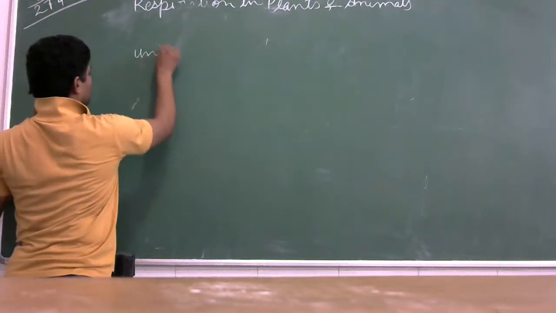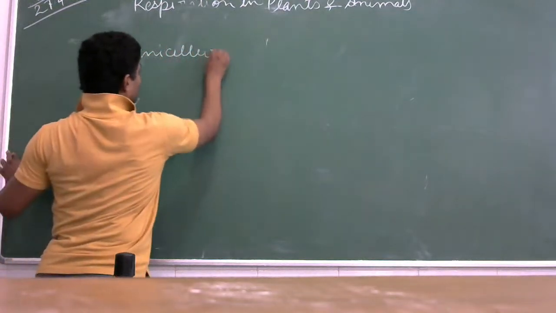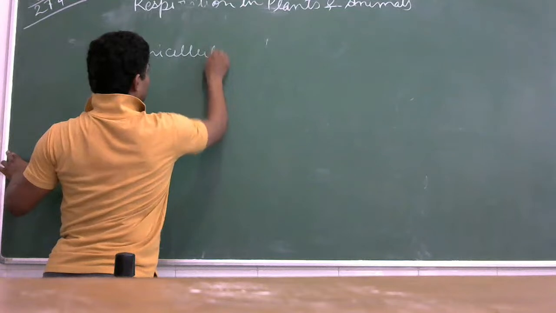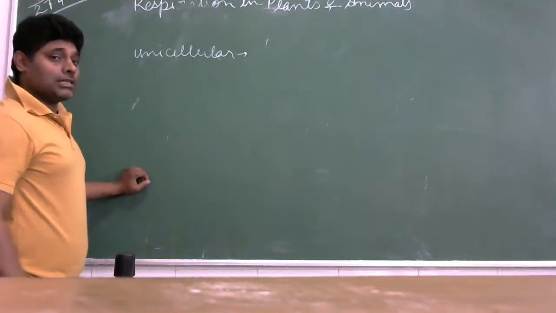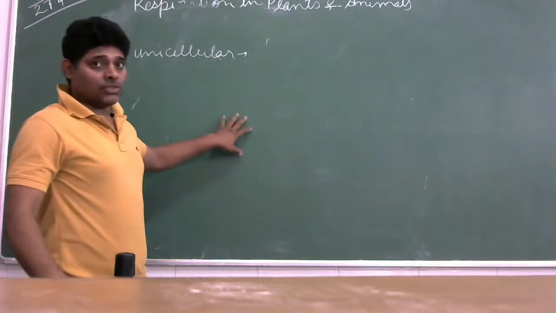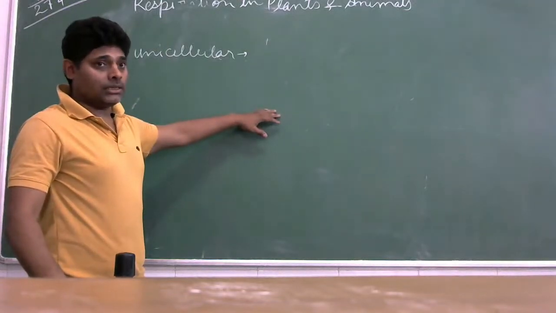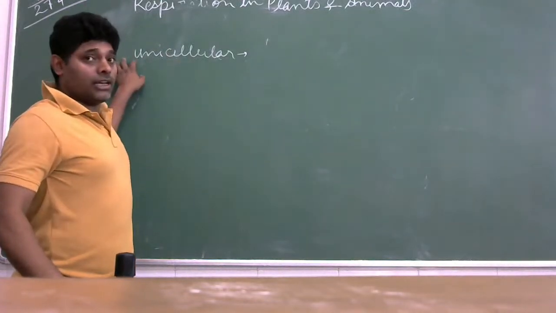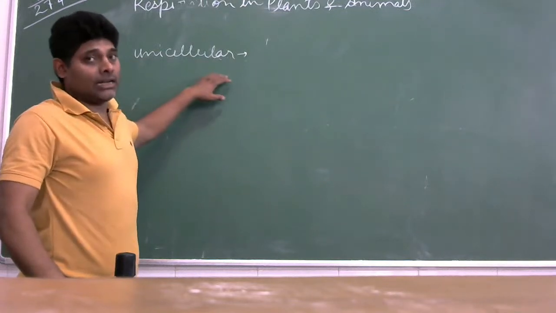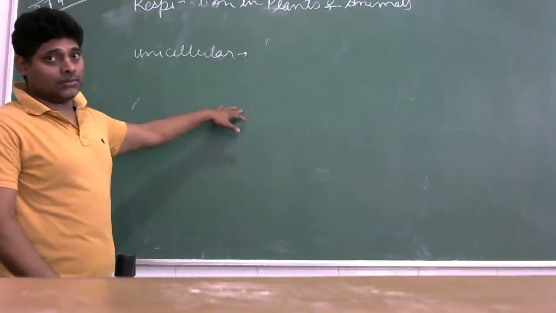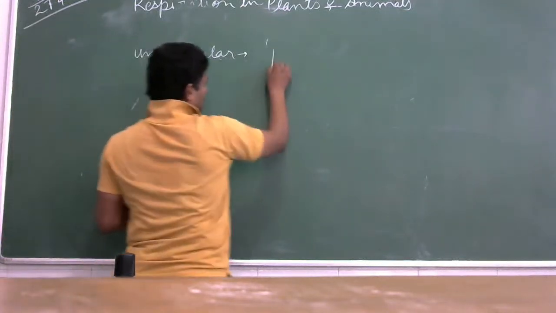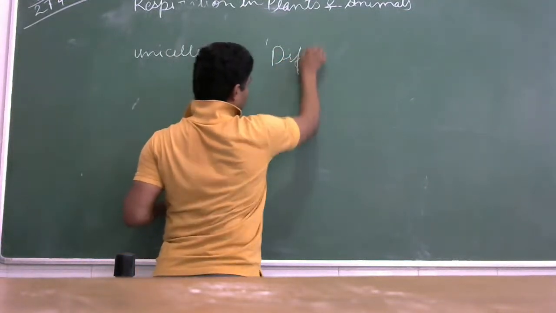Suppose unicellular animals such as amoeba, paramecium, euglena, these animals will take in oxygen and release carbon dioxide by the simple diffusion method.